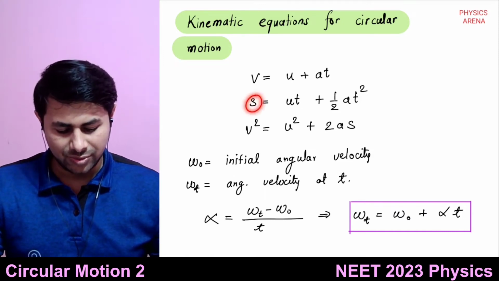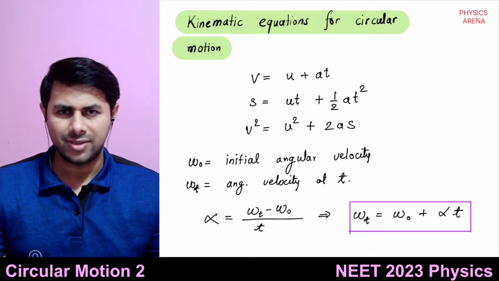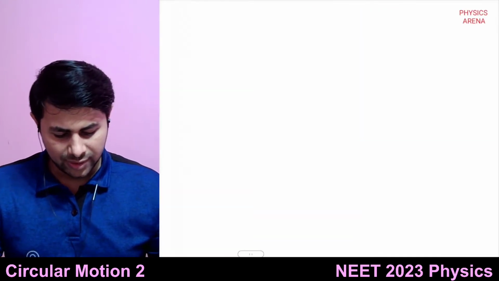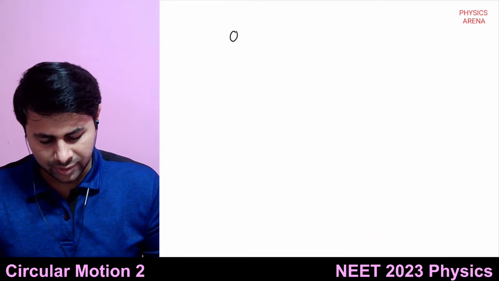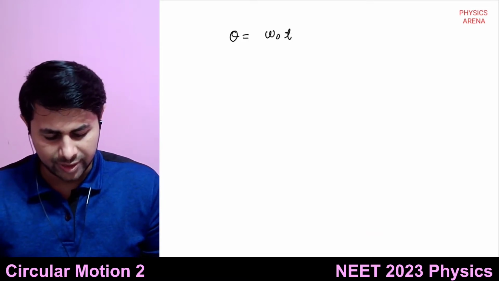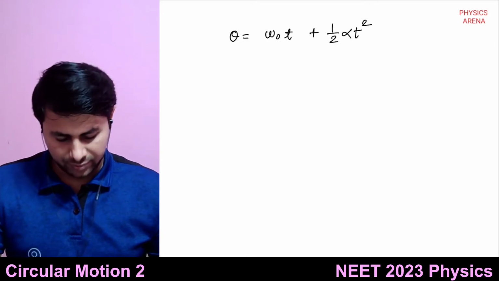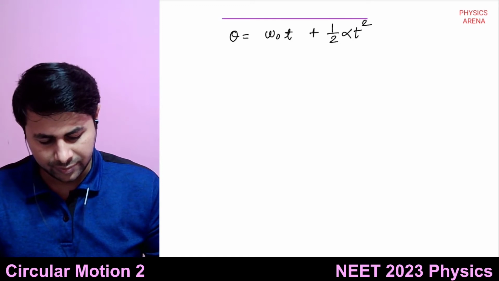S will change to, S is linear displacement. Yes. Angular displacement. The angle covered. Theta is equal to omega naught multiplied by t plus half of alpha multiplied by t square. This is the second kinematic equation.